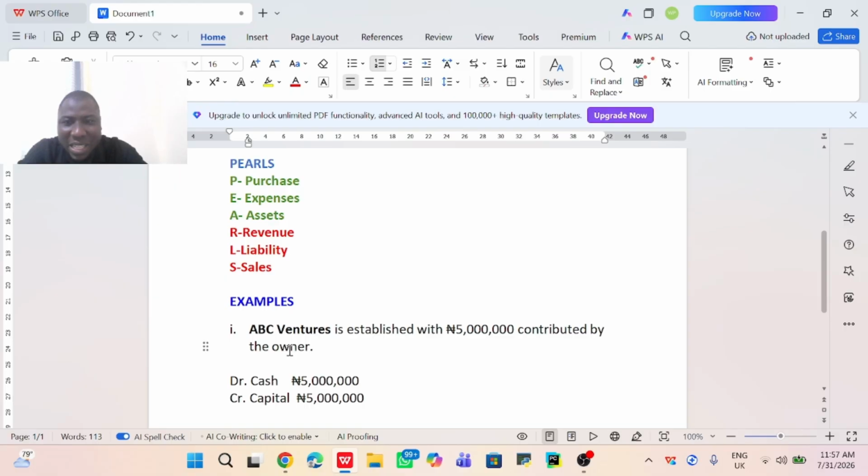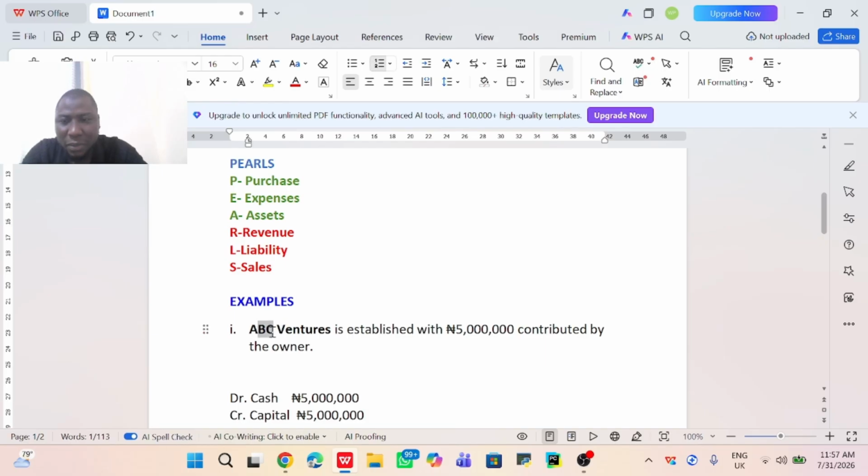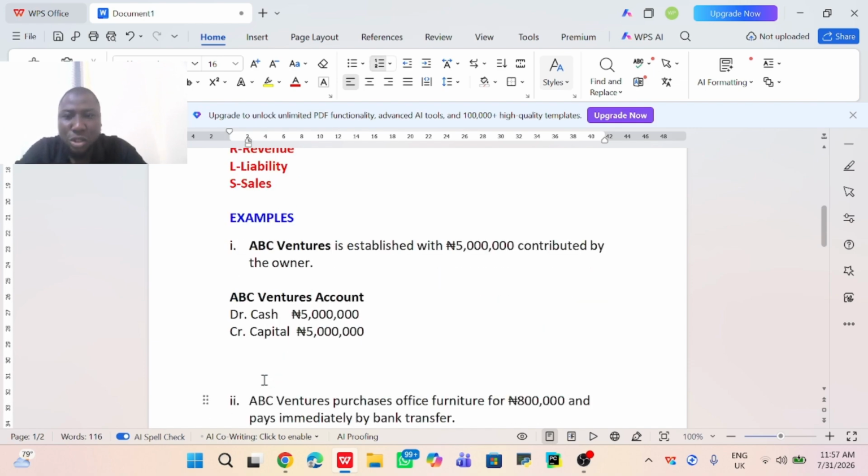So ABC Ventures account, okay, sorry, let me do it like this. Yes, I think you understand this. So then it will be like this. You debit the cash because ABC Venture received the money, right?